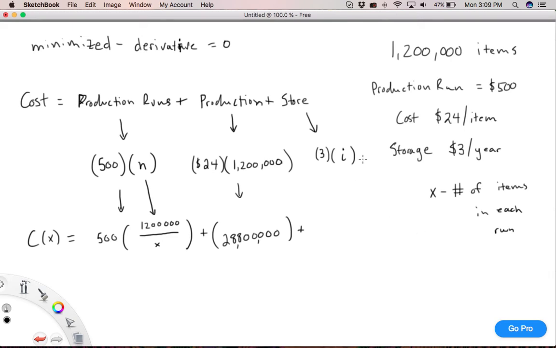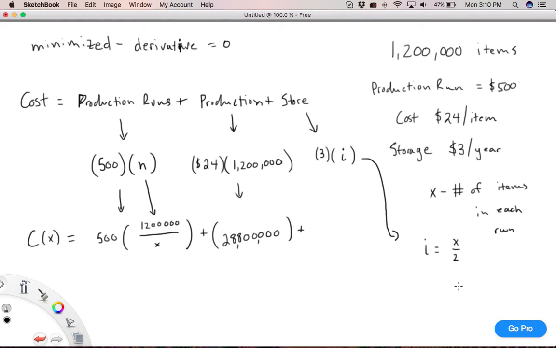And we have to kind of make an assumption here that the number of items that you're storing at any given time is going to be about half the number of items in each production run.